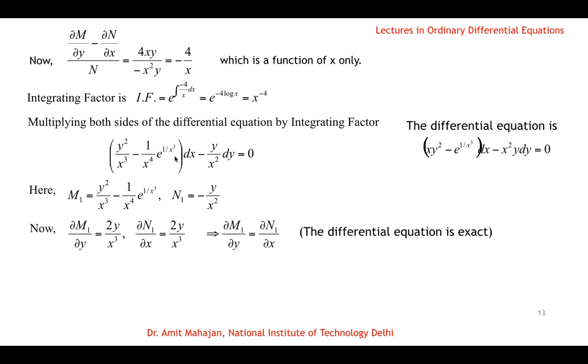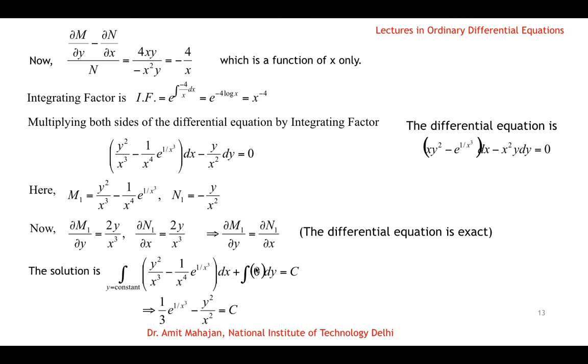Now, because this is exact, we can write the solution as the integral of M1 dx treating y as constant, plus the integral of terms of N1 not containing x. But this N1 contains x in each term, so this second integral is 0, and it equals a constant. So we can integrate and write the solution of the differential equation.